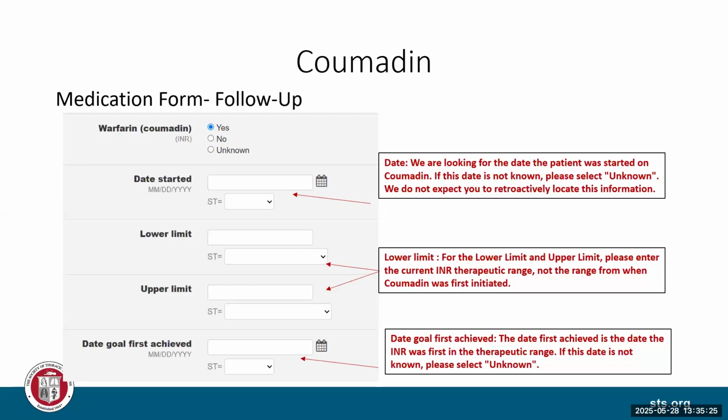It's very labor intensive, so we don't want you going back to see when the patient was initially on Coumadin. If it's a patient who's had their device for quite a while, they've probably been on Coumadin for a while. But if you have that date, for a new implant or a patient newly starting on Coumadin, we'd love to have that data, but we don't want you going back.